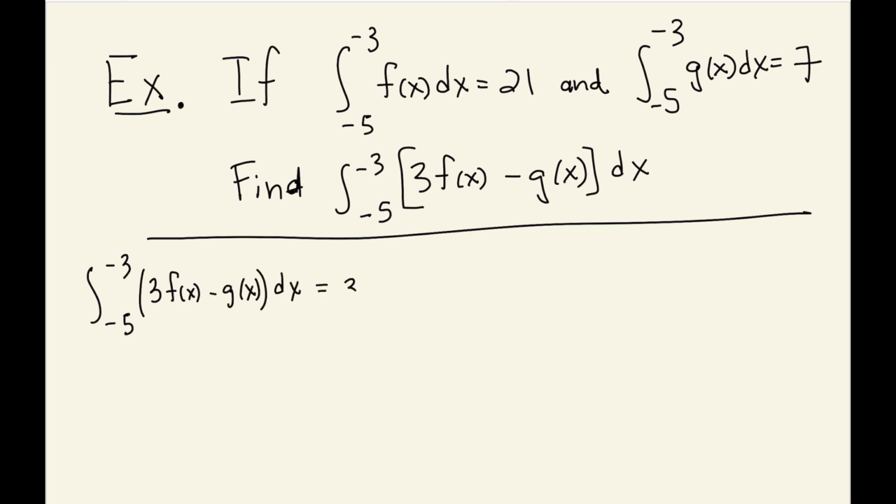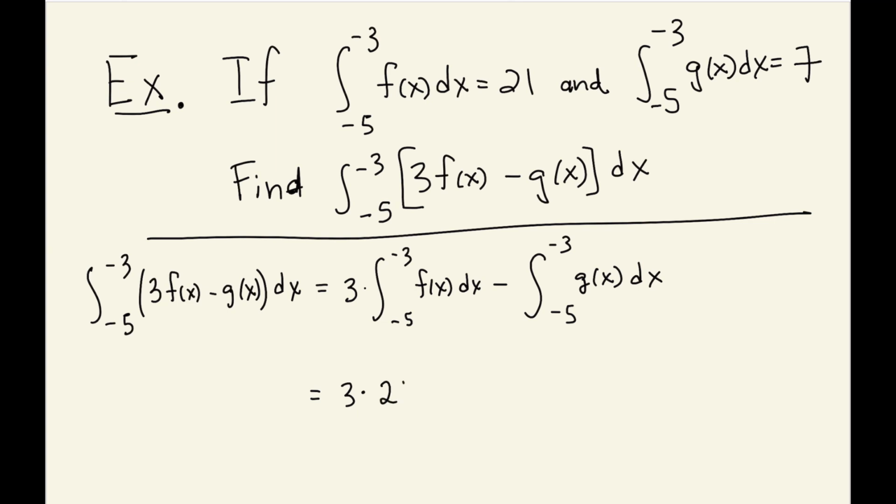So this is going to be 3 times the integral of f of x minus the integral of g of x. So we end up with 63 minus 7, which is equal to 56. And we're finished.